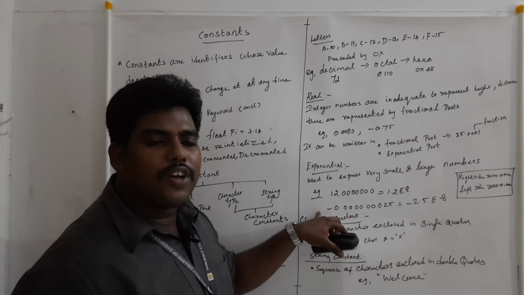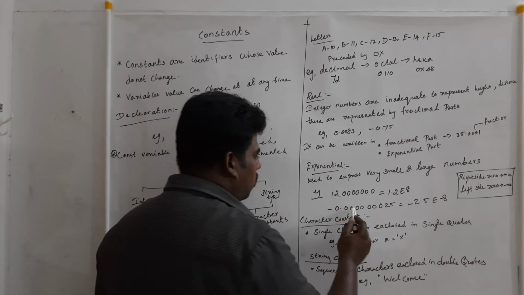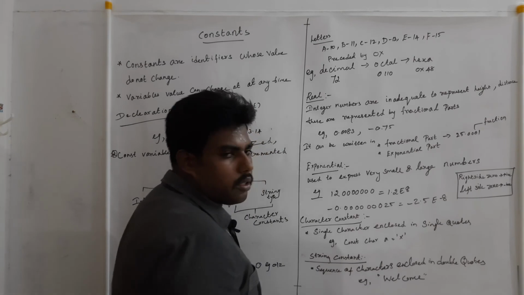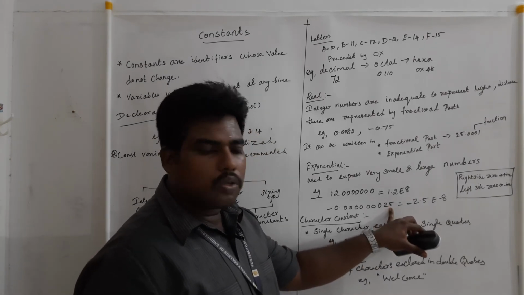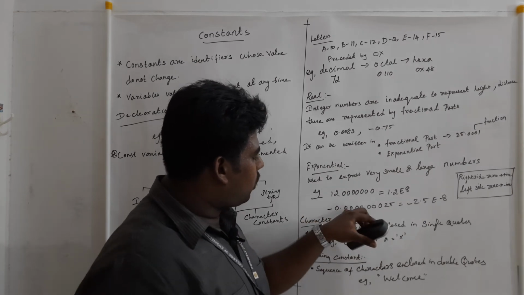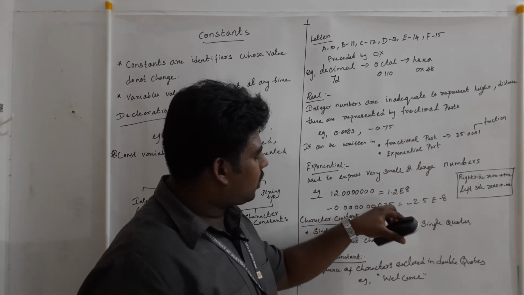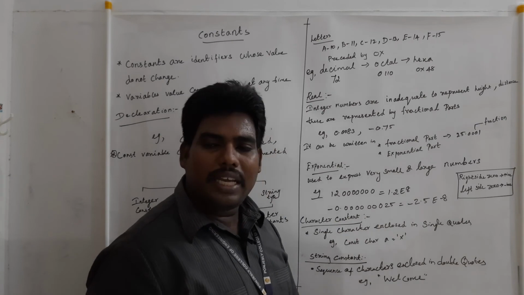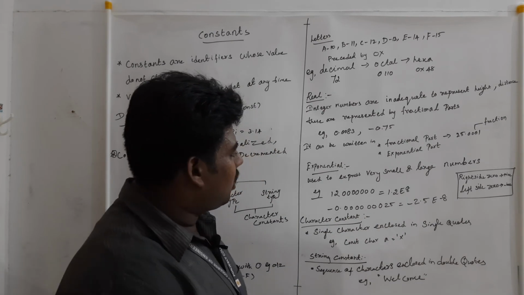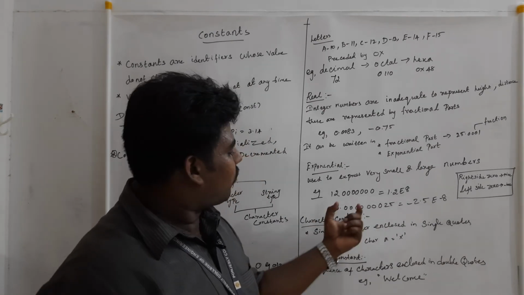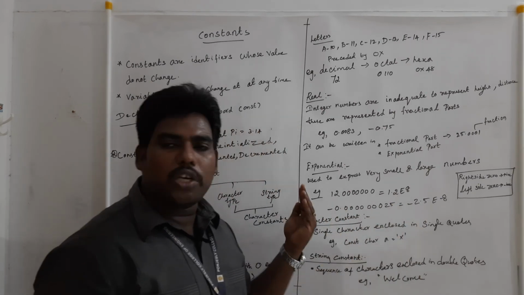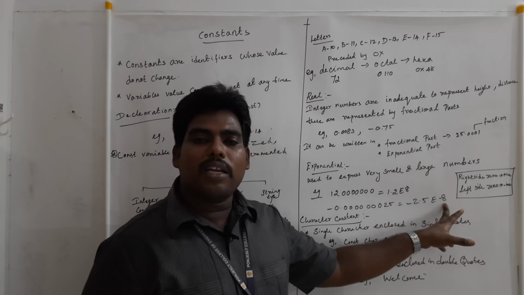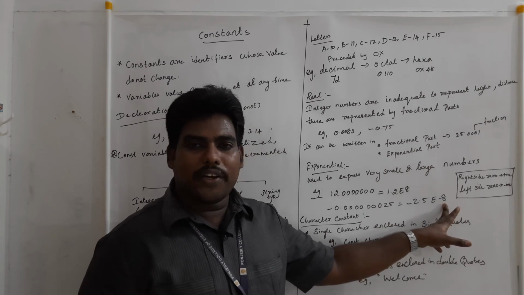See, this is the very small number, 0.00000025. After this 2, how many pointed values are there? 1, 2, 3, 4, 5, 6, 7, 8. So e power 8. Why minus? Here also minus. The easier method: if zeros are coming on the left side, your exponent value is also a negative number.